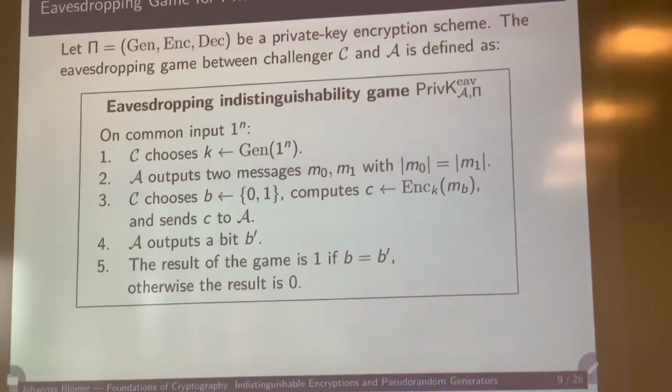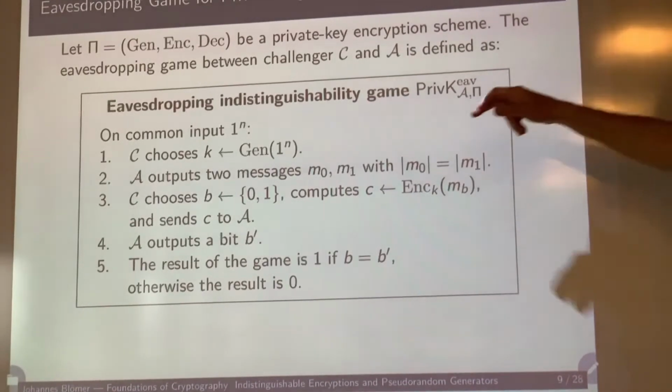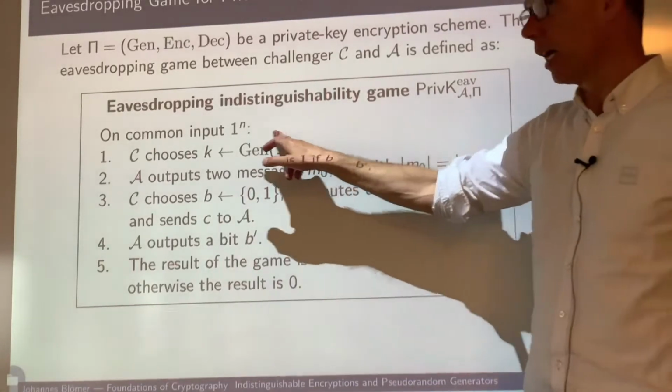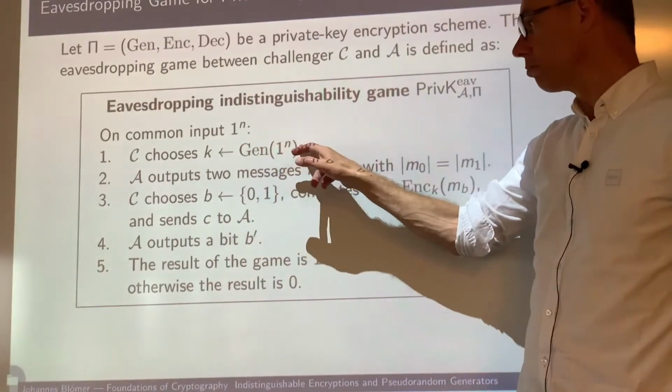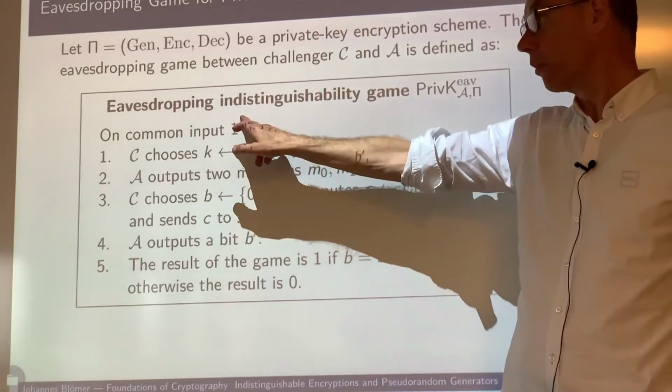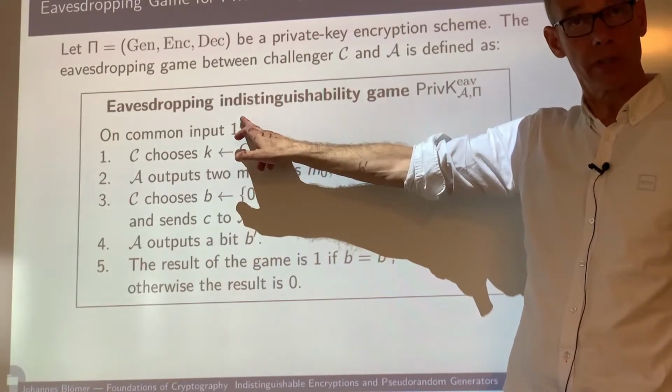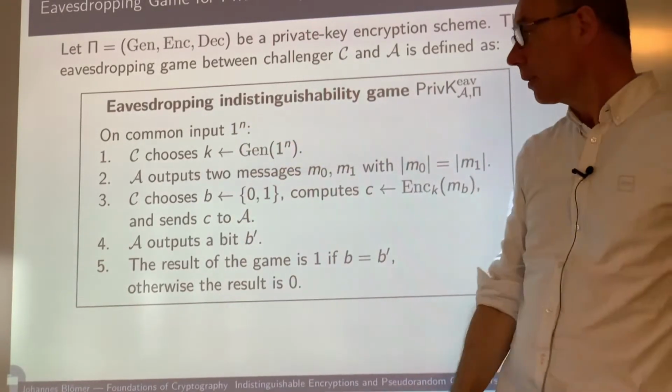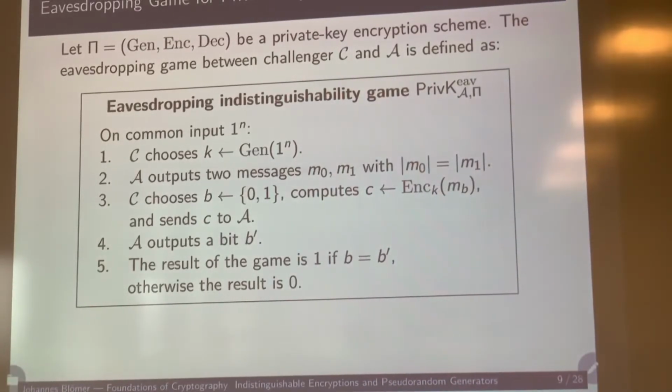They have the common input 1 to the n. The challenger chooses the key using this algorithm with input parameter 1 to the n that is known to both the challenger and the adversary. Then A outputs 2 messages, M0, M1, with the same length.